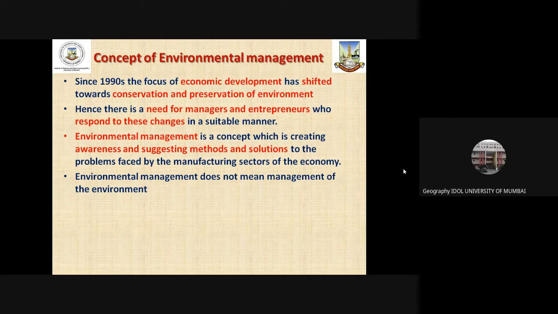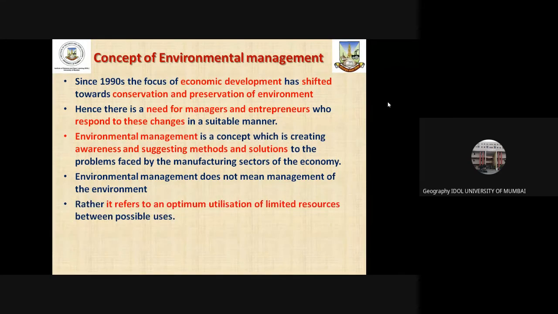In fact, we can only respond to the disastrous changes taking place in the natural environment, because destruction of natural resources and the quality of the natural environment is reflected in various environmental problems and catastrophic events occurring very frequently with high intensity, like tsunamis, earthquakes, and cyclones, which are most often beyond the limit of control of human beings. Therefore, environmental management is not the management of the environment.